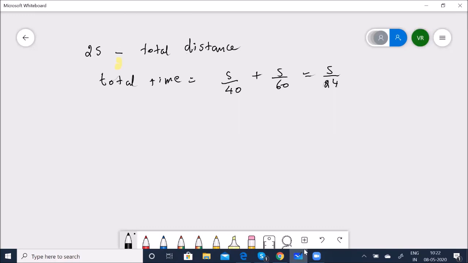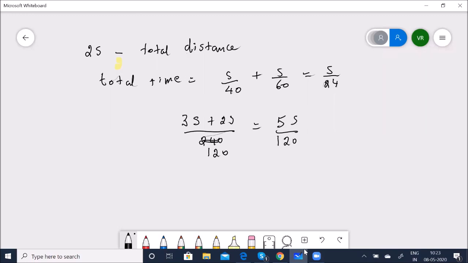Okay, and now what is going to be the total time? It is going to be 3s plus 2s divided by 240. Sorry, because this is going to be s by 24, and this is going to be 120, which is going to be 5s by 120.